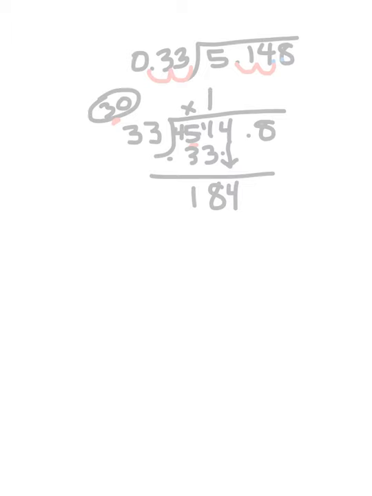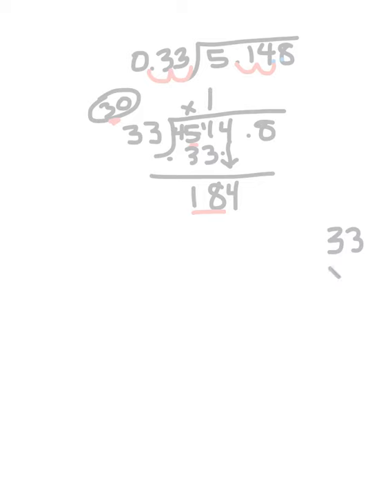Then I start all over again. So remember, my new problem is how many times does 33 go into 184? To get me started, how many times does 3 go into 18? If you said 6 times, you are right. I'm going to show you something though.